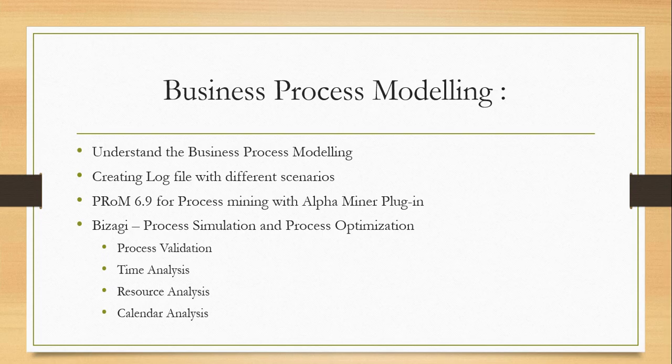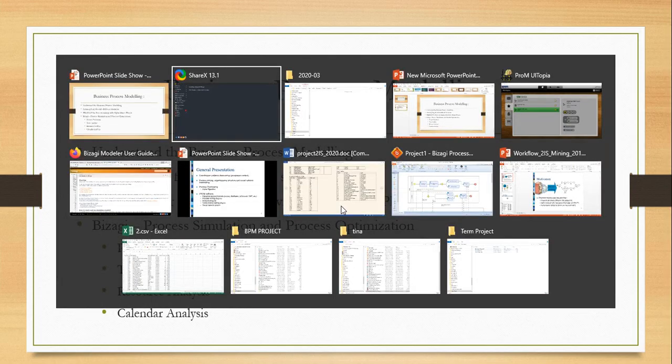We are going to use the alpha miner algorithm to design the Petri net, and finally we'll use the Bizagi tool, which is a really good tool for process simulation and process optimization. In that we are going to discuss in detail process validation, time analysis, resource analysis, and calendar analysis. Okay, so let's start with some theory first.